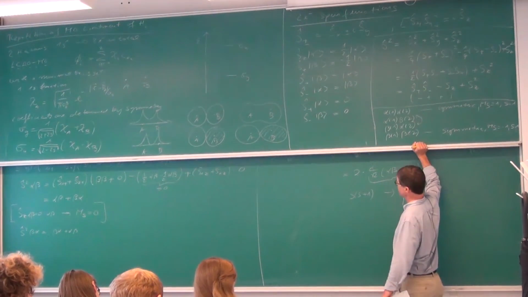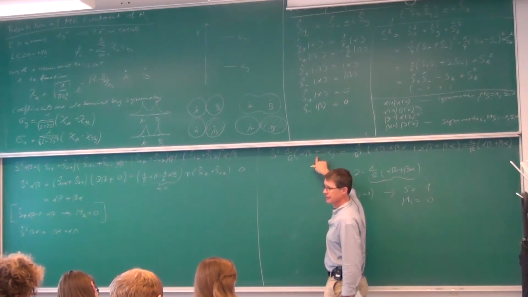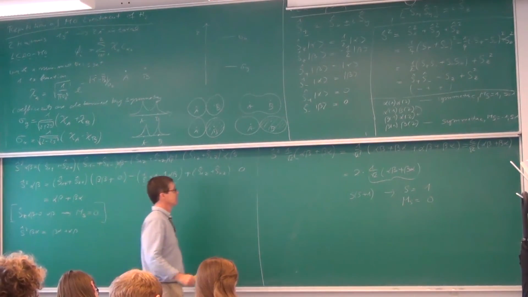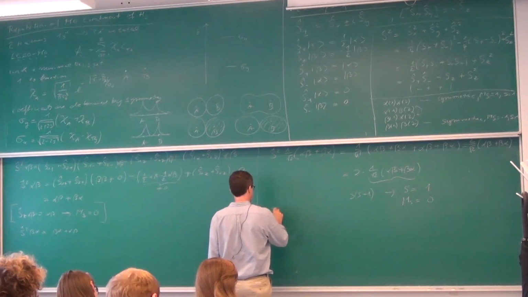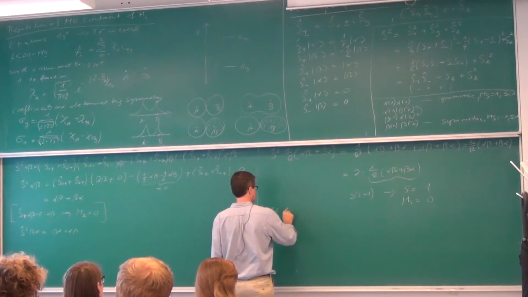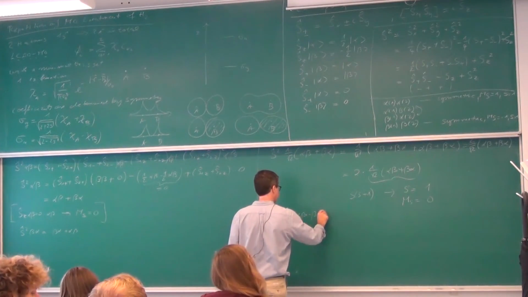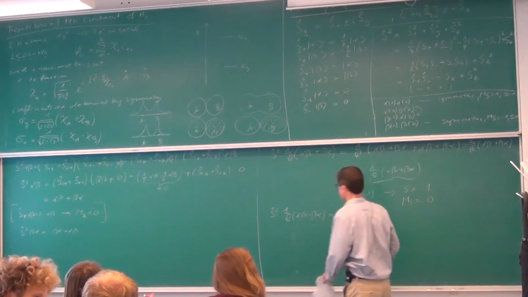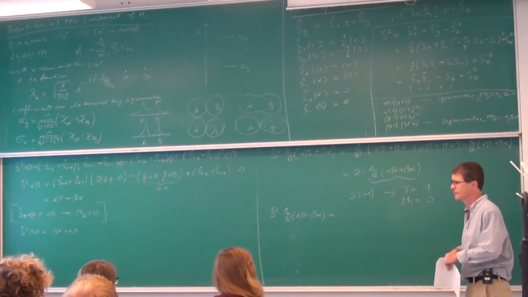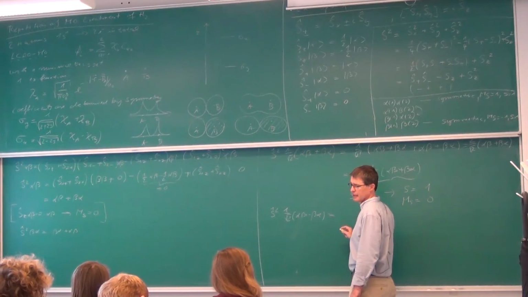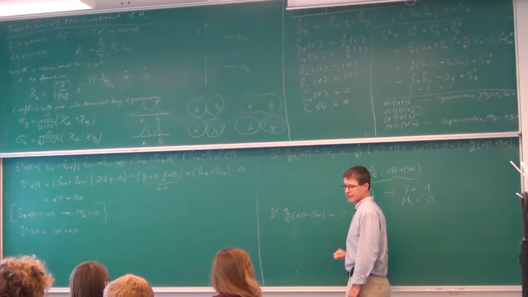But if we can do a plus combination, we can also do a minus combination. S squared on alpha beta minus beta alpha is going to give us 0.